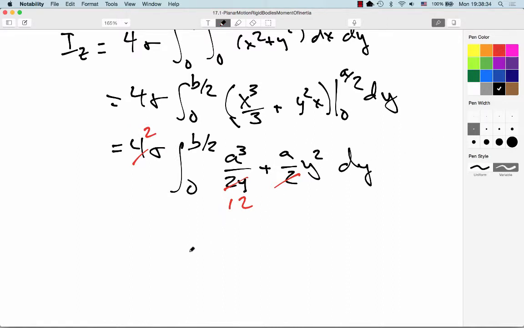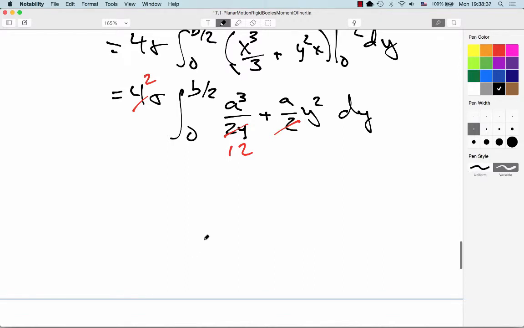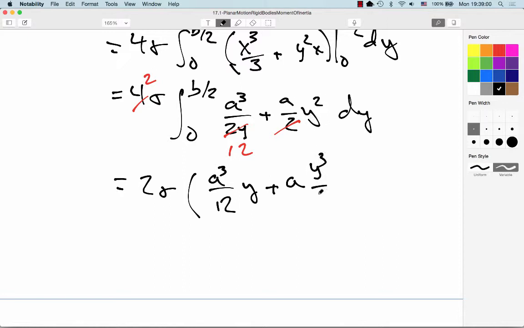Alright, now we go ahead and evaluate the integral over y. So now I have 2 sigma, and I'm going to have here a cubed over 12 y plus a times y cubed over 3, evaluated from 0 to b over 2. So let's see, what am I going to pick up here?